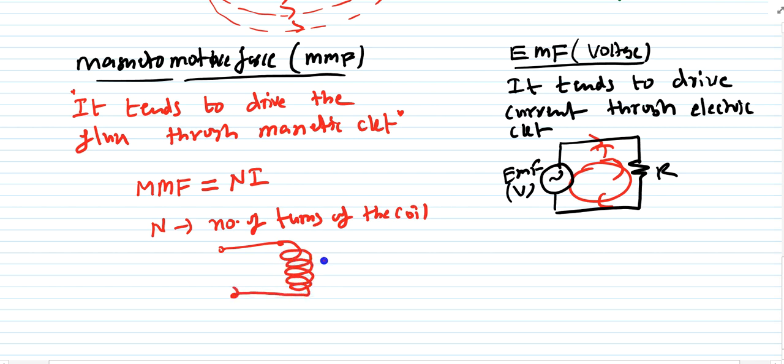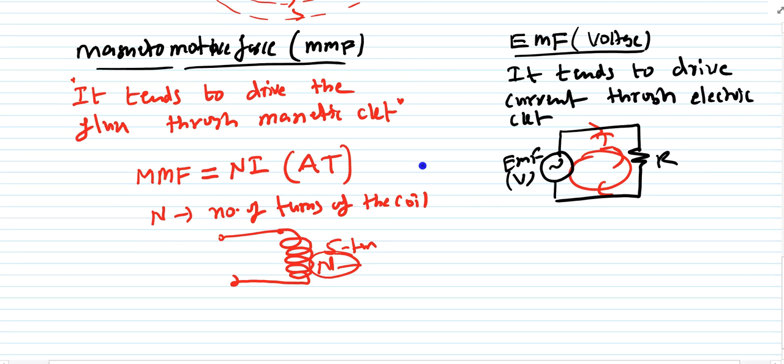How many turns does it have? 5 turns. Like that, the coil can have N turns. N is the number of turns of the coil, and I is the current. The unit is ampere turns. So it is called the MMF.